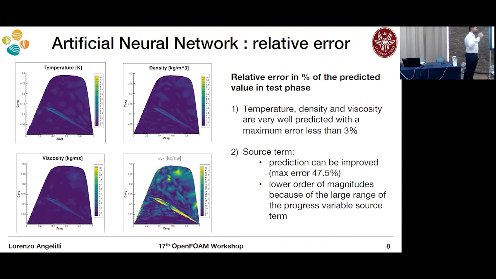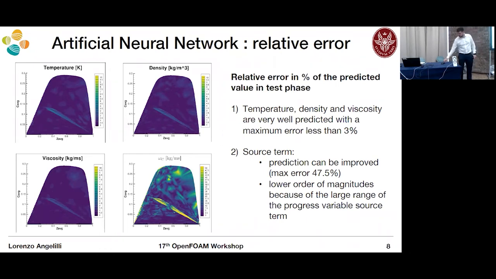But since the scaling of the neural network for this variable is performed based on the magnitude of the source term, and our simulation and the progress variable are sensitive only to the magnitude of the source term, we will see in the next slides that this will not really affect the quality of the solution.